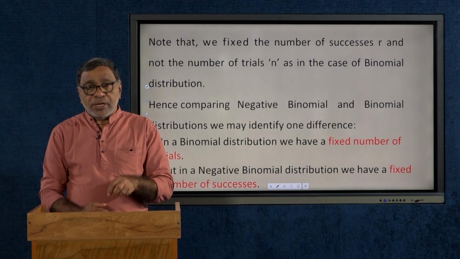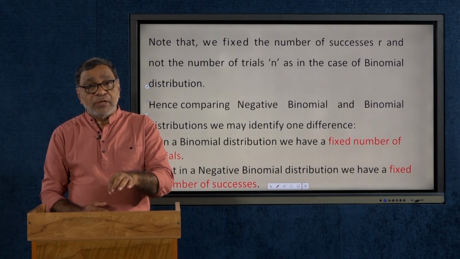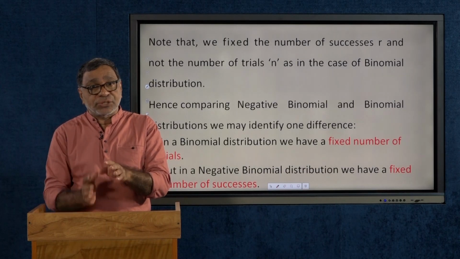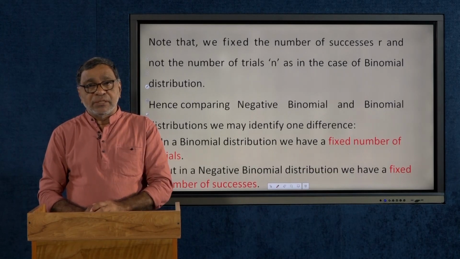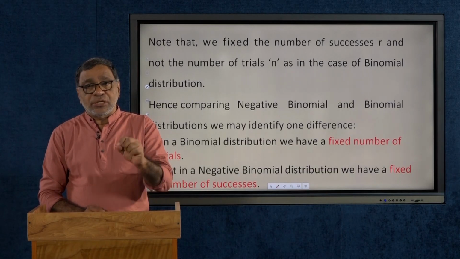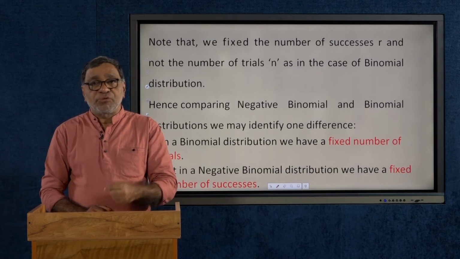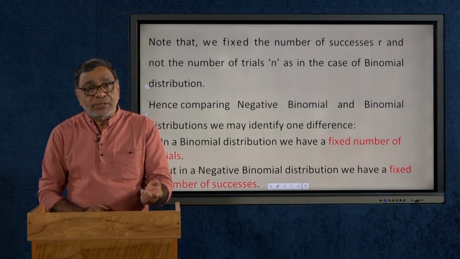Why? Our aim is finding the probability of x failures preceding r successes. So, the number of successes, the r value, is fixed. In a negative binomial distribution, the number of successes is fixed, but in the binomial distribution, the number of trials is fixed.